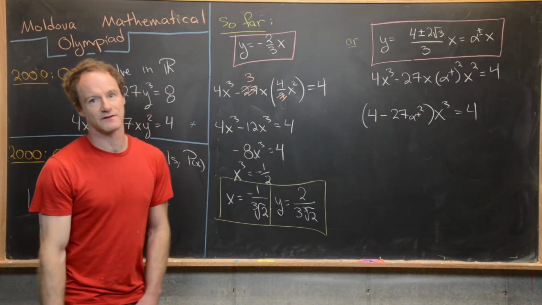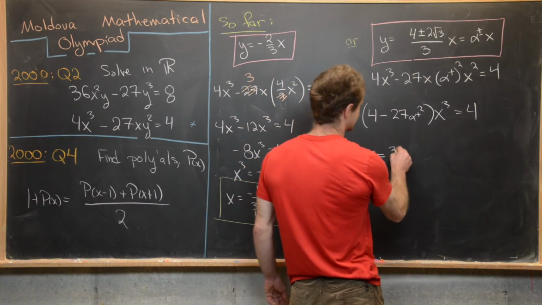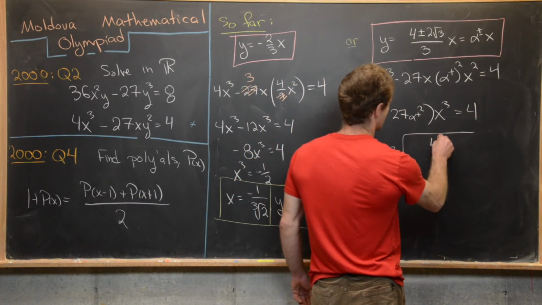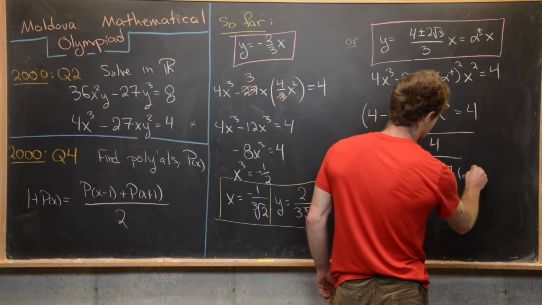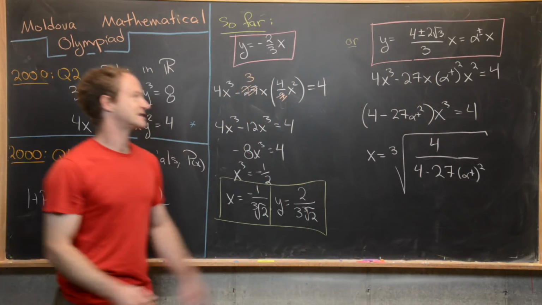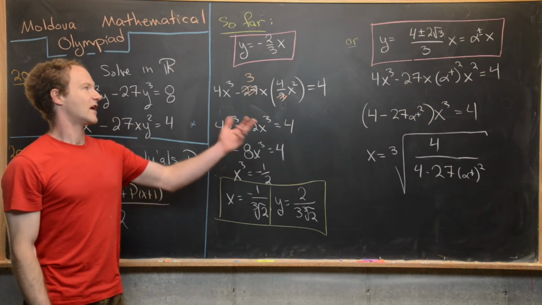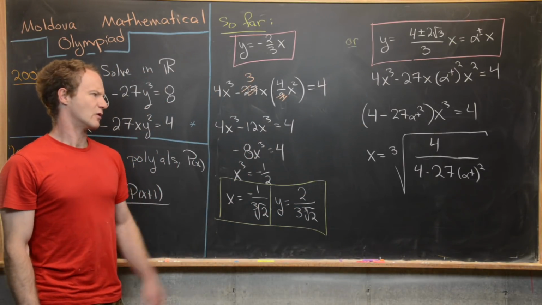It's going to be in terms of a lot of crazy square roots, but that's okay. We'll have x equals the cube root of 4 over 4 minus 27 times this number, which I've called alpha plus squared. So that's our value for x, and then our value for y is clearly just alpha plus times that. So I won't write that in.